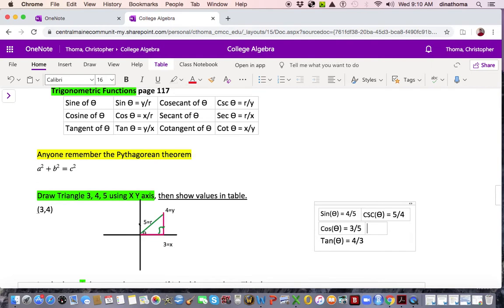And if I want the inverse of cosine, which is secant of theta, then again you just flip it, so 5/3, or r over x. And then finally, the inverse of tangent is cotangent of theta, which is 3/4. Flip it, or x over y.